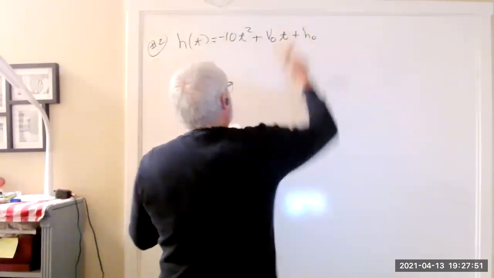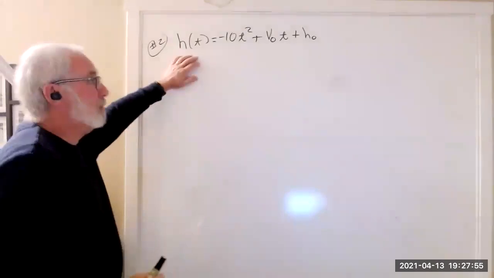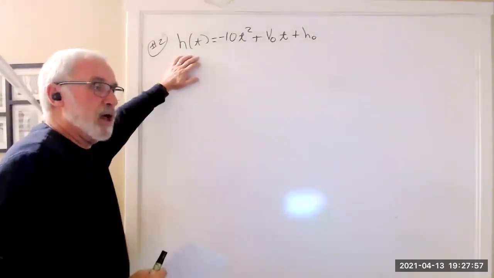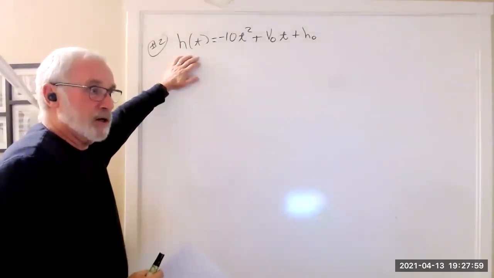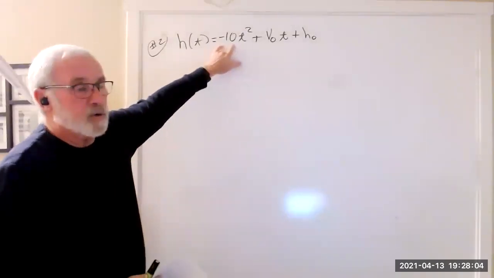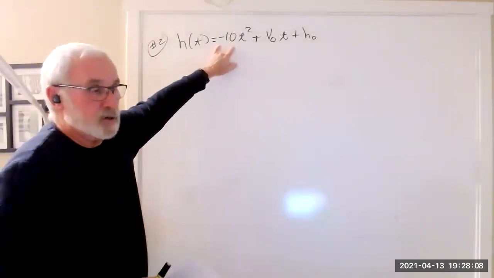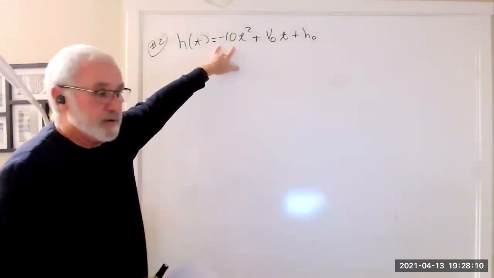Mitch, to answer your question from a while ago, this is probably how I'm going to show you every one of these problems on a test or a quiz. I will give you the gravity statement, okay? You just live with it. You don't have to do anything.